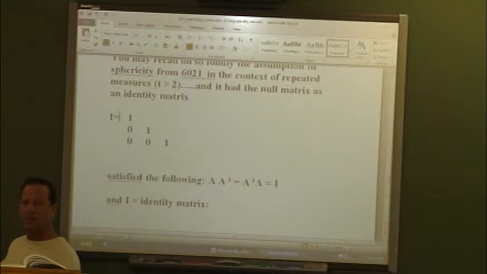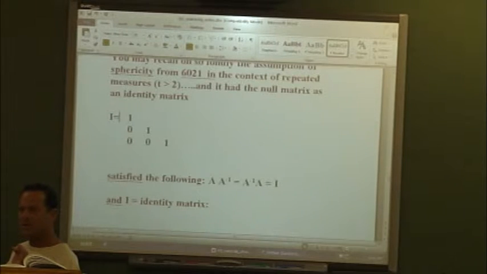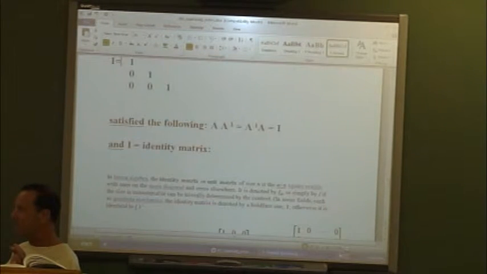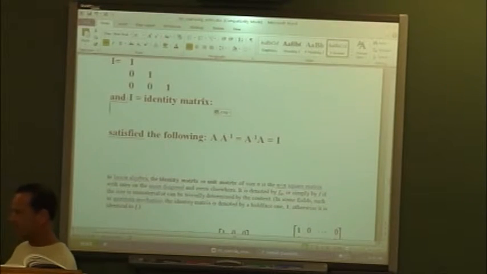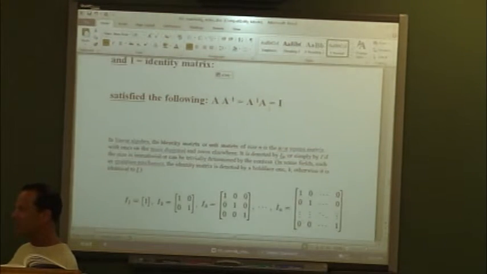Do you remember the identity matrix? It was the null matrix for repeated measures. These were 3 repeated measures. You see this A minus 1 here? That's the notation for inversion. So a lot of times we invert the matrix, which is division.